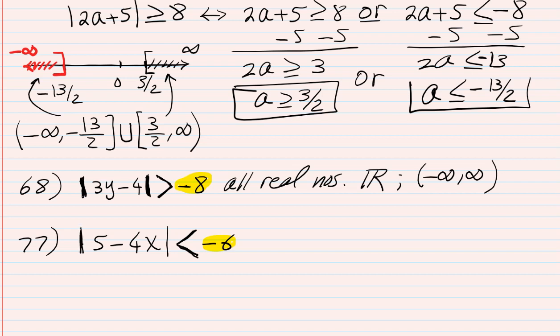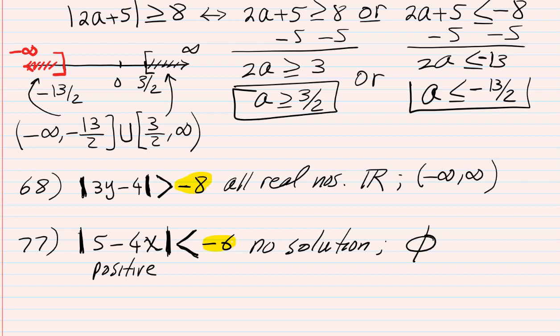That becomes a special case. By the same approach as in number 68, regardless of what you let x be, the absolute value is always positive, isn't it? Now, can a positive number be less than a negative number? It can't, right?